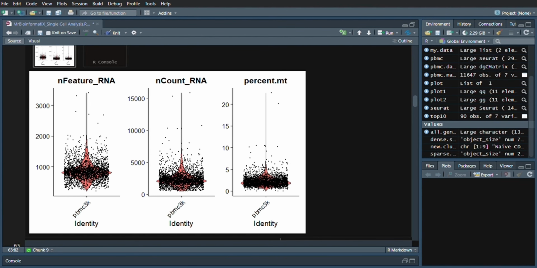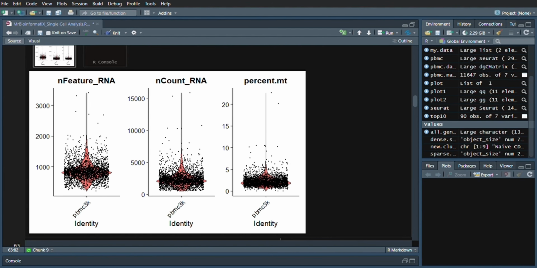Most of the black dots are concentrated around 2,000 to 3,000 on the y-axis, indicating that the majority of cells have total RNA counts within this range.